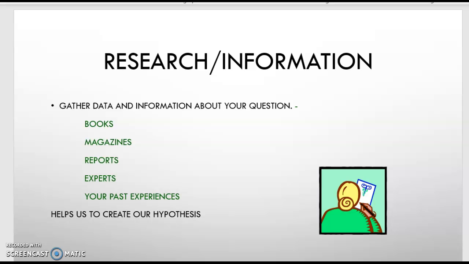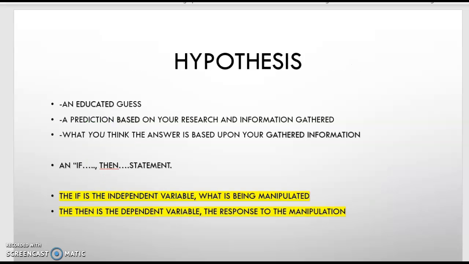And after we have the question and the information, then we can create our hypothesis. So make sure that you go back and fill out that graphic organizer that we have.